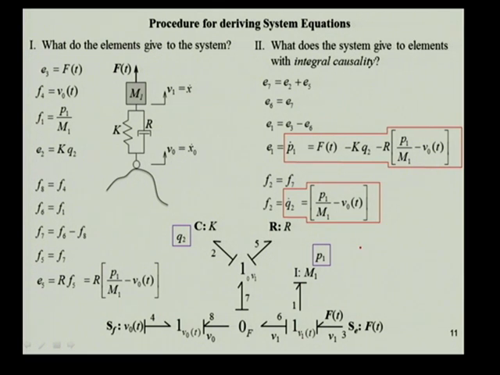This particular form is called the cause effect form or the first order state space form. You can write it in matrix form, then it becomes a first order matrix state space form, but that form is suitable generally when you are dealing with linear time invariant system analysis.